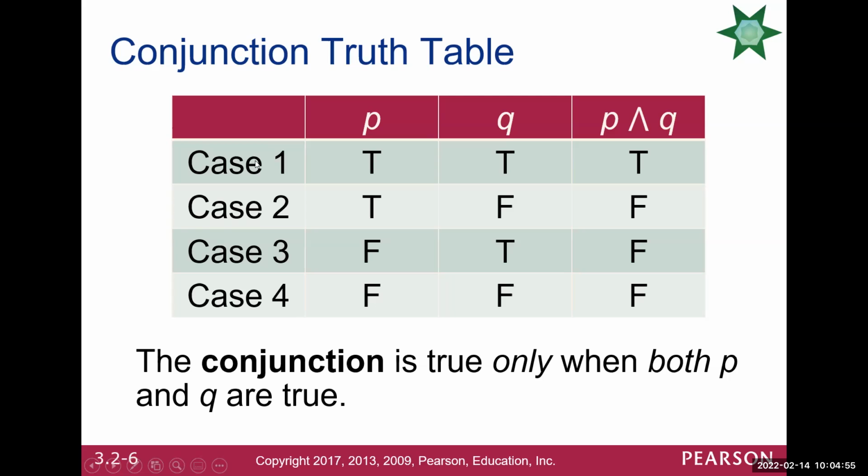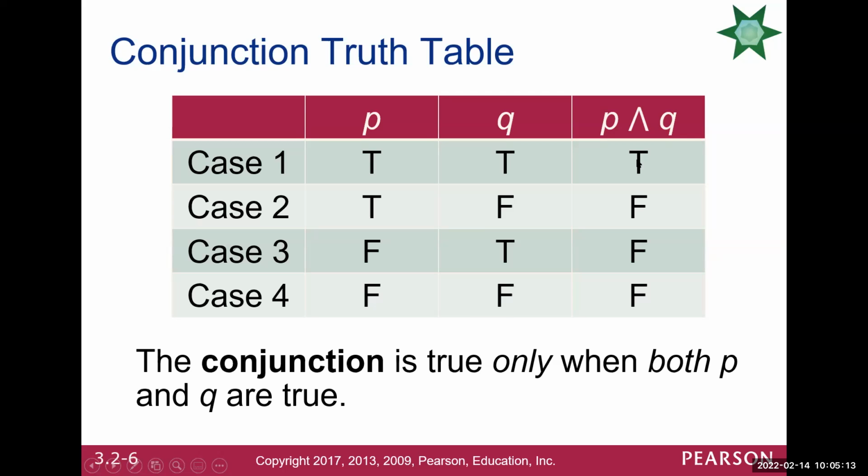If in case one, your first statement is true and, right? The connective conjunction means and. So if P is true and Q is true, your outcome is true.